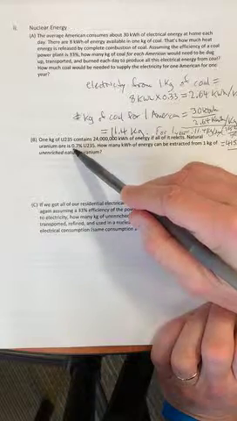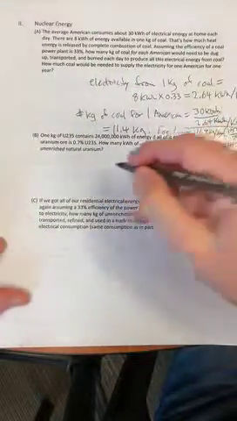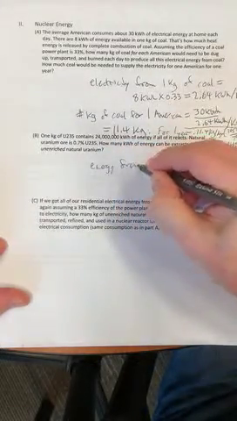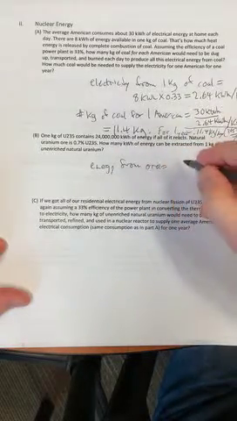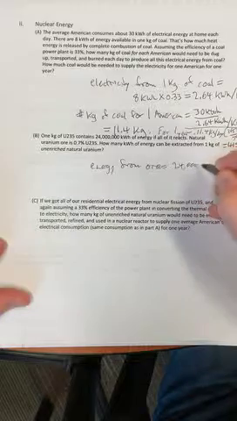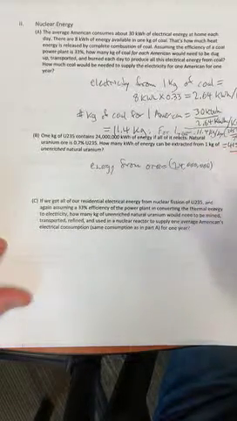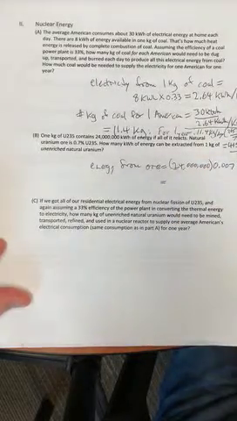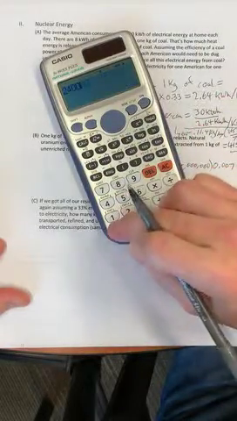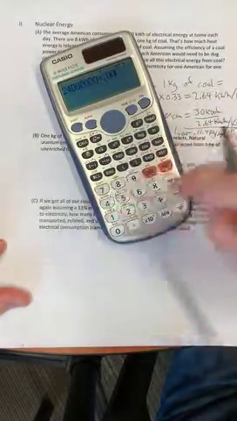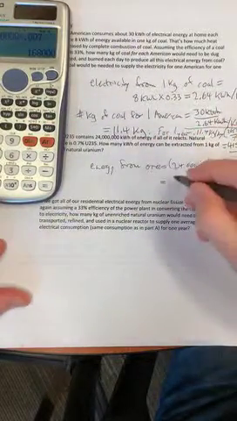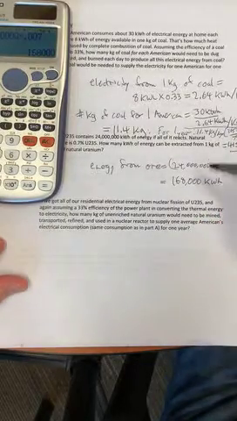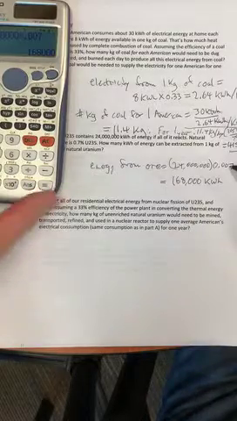If I only get 0.7% of it giving me energy, then the energy from the ore is equal to 24 million times 0.7%, that's 0.007, and that is 168,000 kilowatt hours. This is in kilowatt hours. I'm just multiplying by efficiency here.